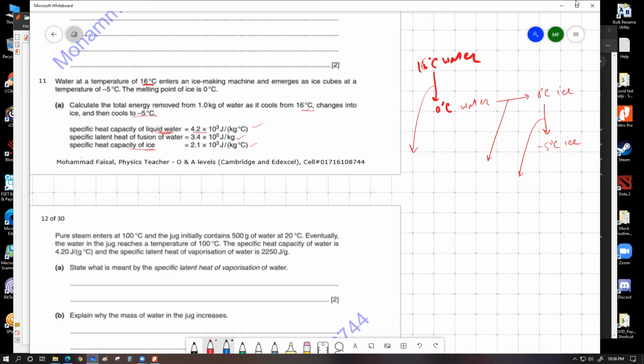Liquid water has one value of specific heat capacity, and whenever it converts into ice, it has a different value of specific heat capacity. So we cannot use the same C for both of these processes. So let me write this equation in a convenient form that might make sense to you. I'm going to write m_w c_w delta theta plus m L_f plus m into c_ice into delta theta.